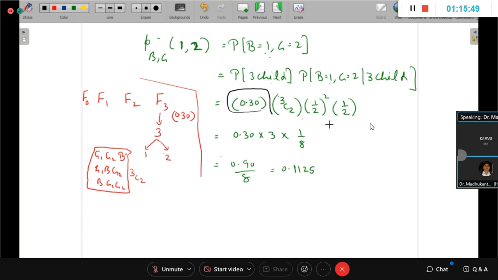Now you have three children, so you fix the number of girls as 2. Possibly how many? 3 choose 2 into the probability of being a girl 1 by 2 into 1 by 2, that's 1 by 2 square, and the last one is a boy with probability 1 by 2.